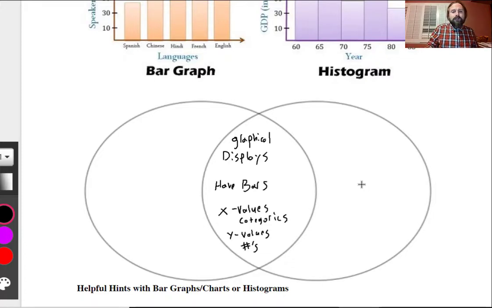Now, bar graphs are going to be separate. So let's write that in, separate. They're also going to be discrete. So they're not connected. Histograms are going to be continuous. They connect.